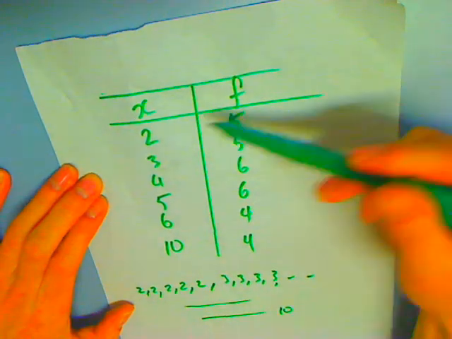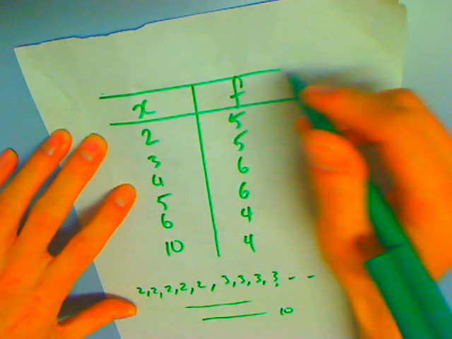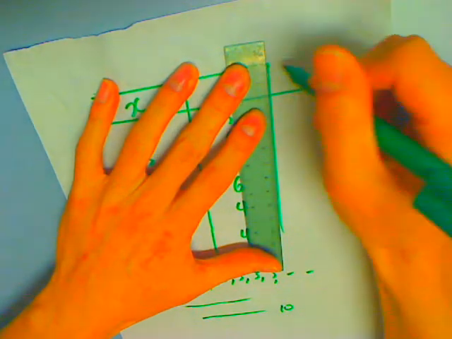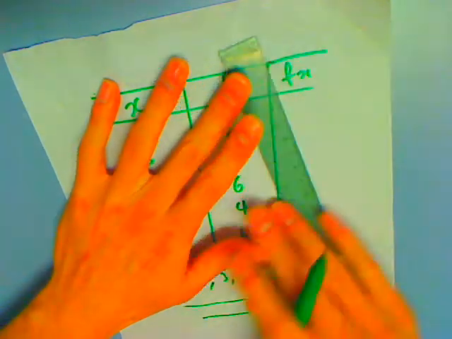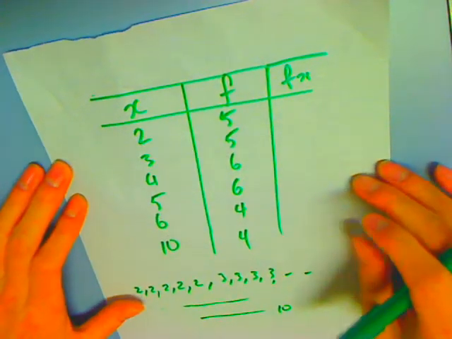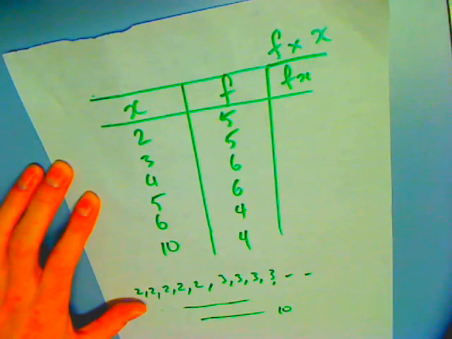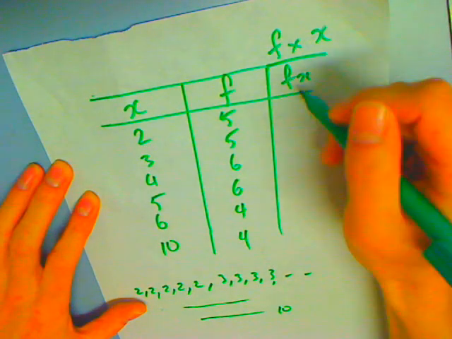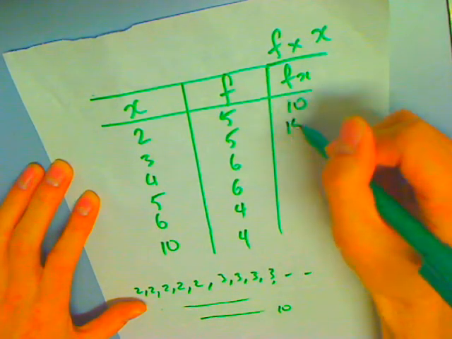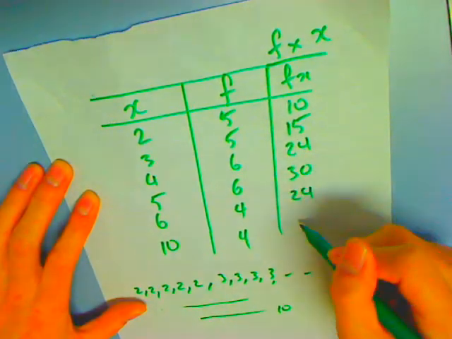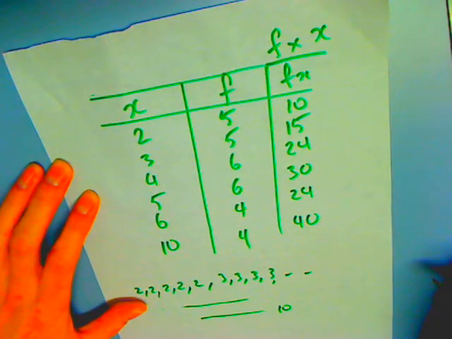Because if I know that 5 people got $2, then in total, that's going to be $10. So we set up a new column of fx. This one is basically frequency times score. So that's 2 times 5, 10, 3 times 5, 15, 4 times 6, 24, 30, 24, and 40.